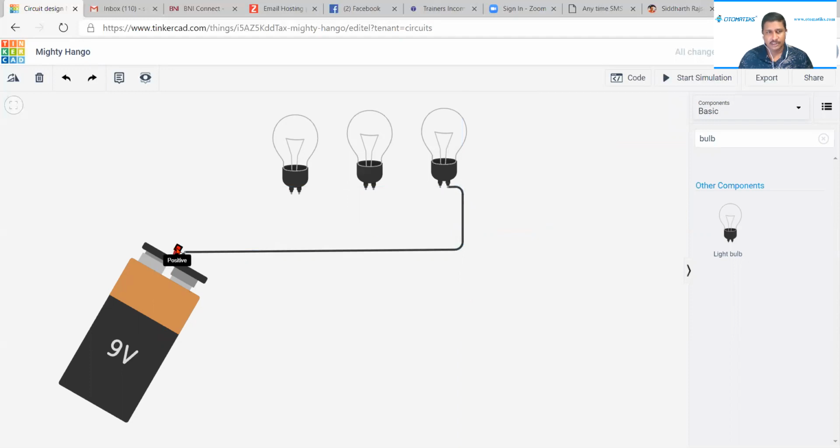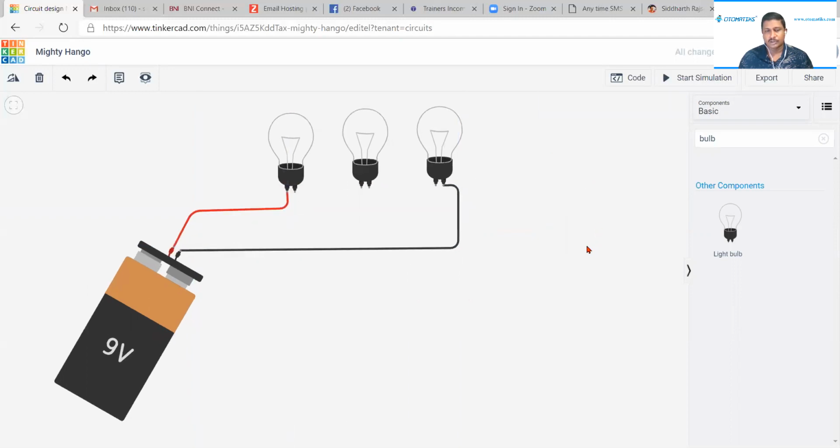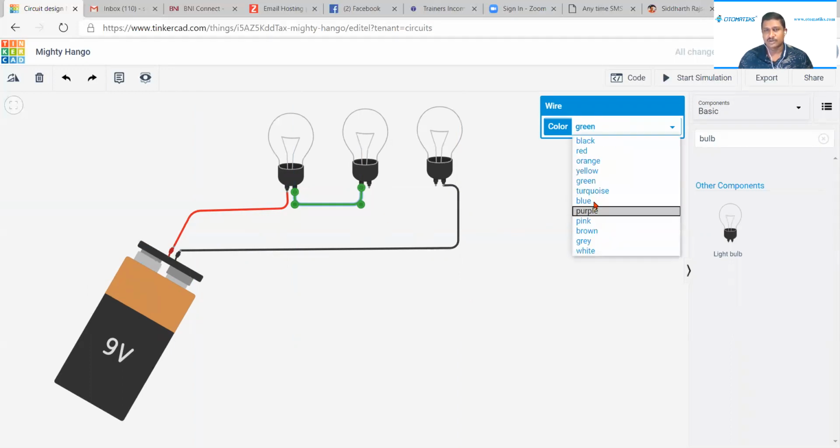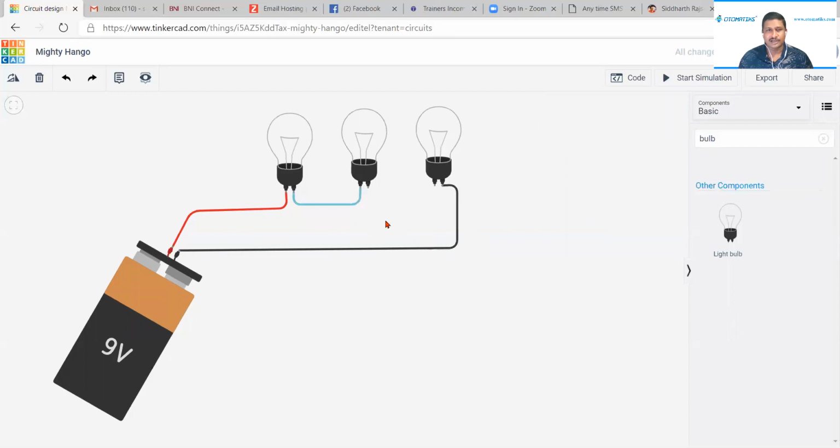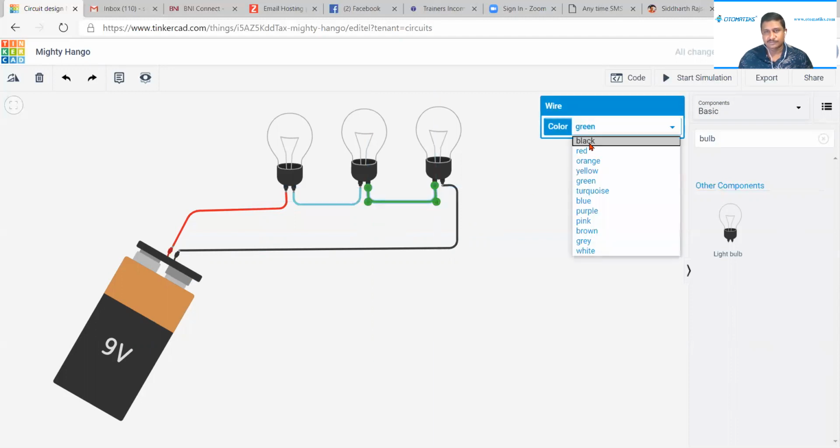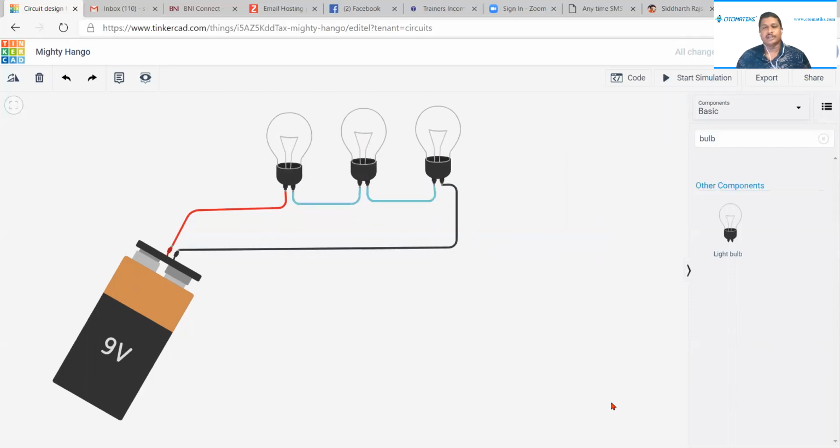I'm going to connect positive to the first terminal of the bulb. Then from the second terminal, I'm going to connect the first terminal of the next bulb. Let's take some other different color. From the second terminal of this bulb to the first terminal of the next bulb. Hope you are clear with this circuit.